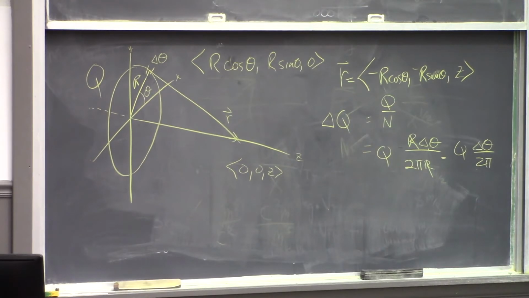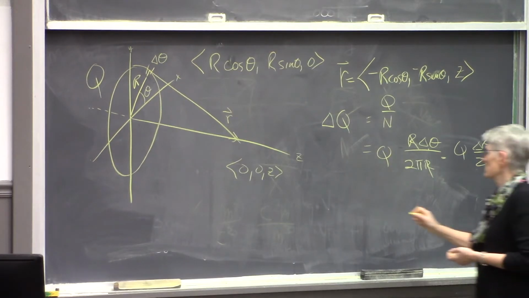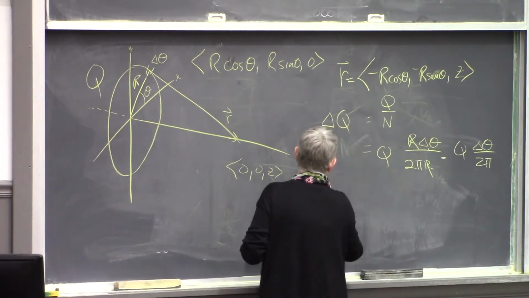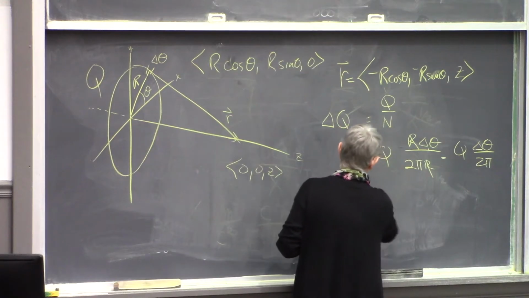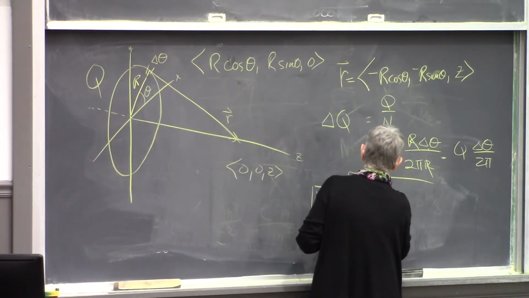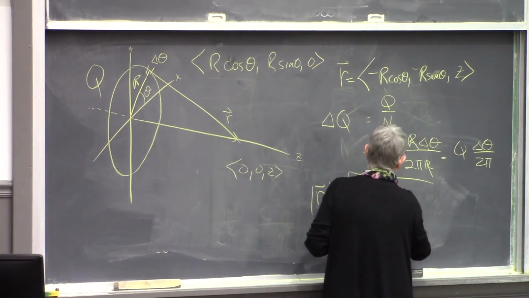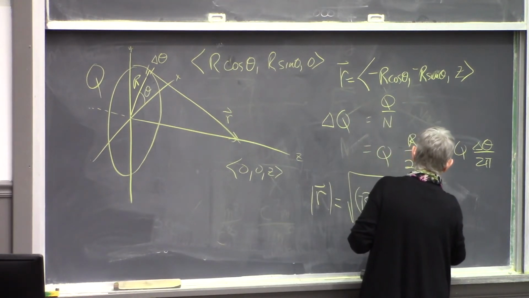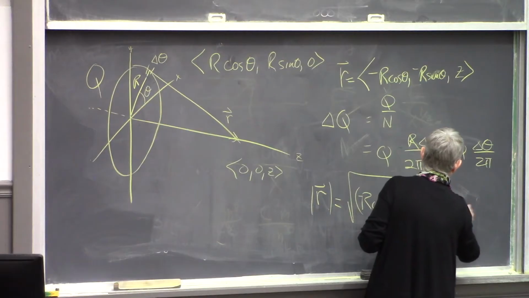Well, what's the magnitude of r here? The magnitude of r is going to be the square root of minus r cosine theta squared plus minus r sine theta squared plus z squared.